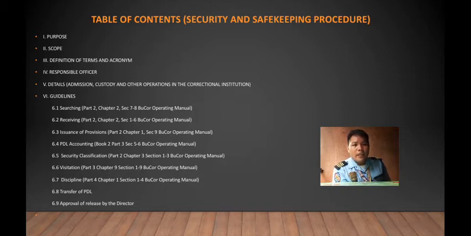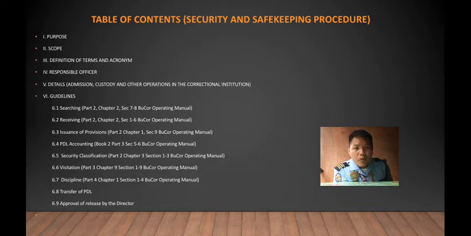having a content of 6.1 searching, part 2, chapter 2, section 4, 7, 8, BUCOR operating manual. Then next, 6.2, receiving, part 2, chapter 2, section 1 to 6, BUCOR operating manual. 6.3, issuance of provisions, part 2, chapter 1, section 9, BUCOR operating manual.